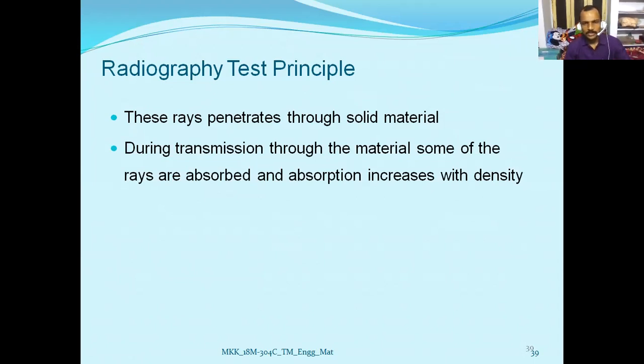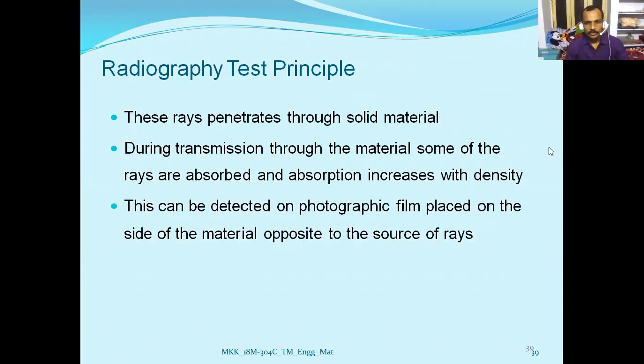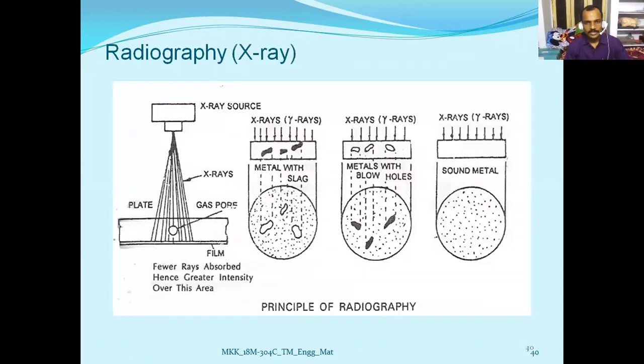During transmission through the material, some of the rays are absorbed, and absorption increases with the density. This can be detected on photographic film placed on the side of the material opposite to the source of rays. So a photographic film captures the defects. Let us have a look at this diagram.